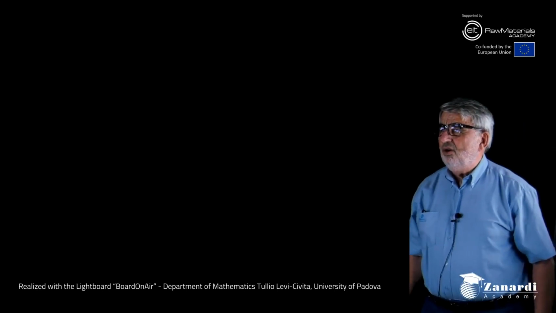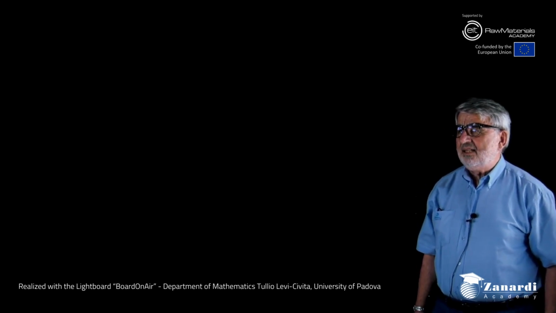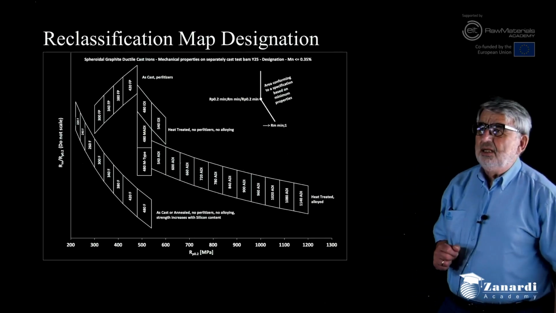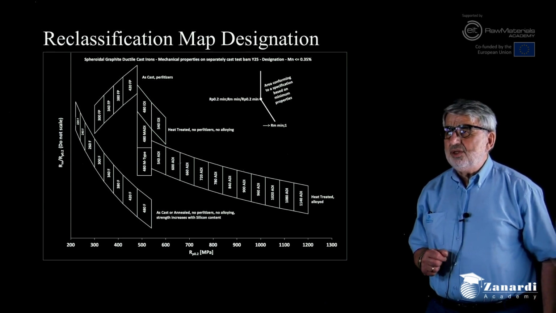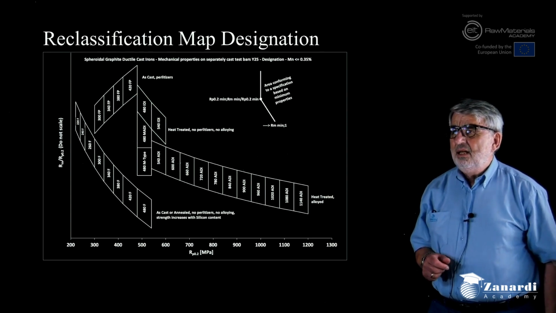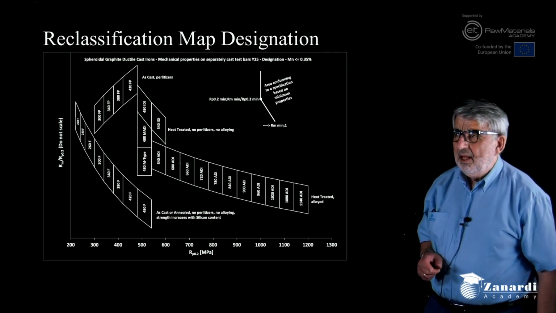Welcome to the video overview of the main families of cast iron: as-cast, alloyed, and heat-treated. We have seen that the conventional international standards are ambiguous and not efficient in defining the grades by the minimum properties.